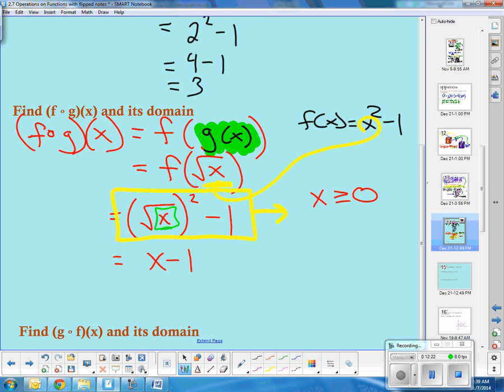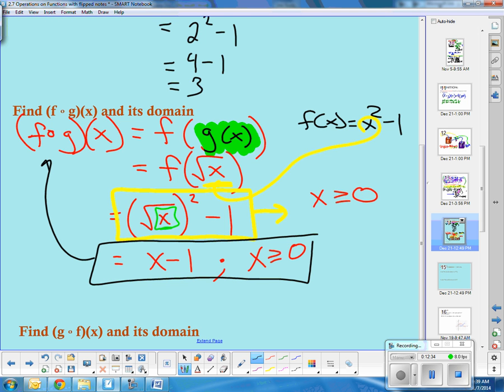And I know it simplifies out, but that's okay. So here I'm going to put comma x greater than or equal to 0. So this ends up being f open circle g. And I know that domain stuff can be tough. Finding the function itself, pretty easy. Finding the domain can be tough. We're going to continue working on it, but this was just one little example to get you going.